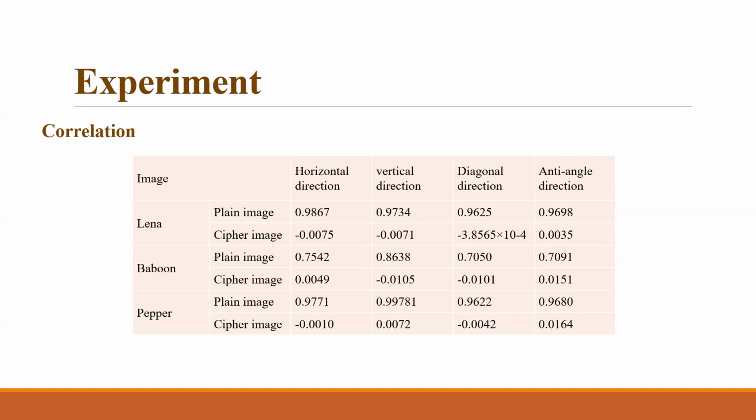The closer R is to 1, the higher the correlation between pixels. The experimental results show that the correlation of plain images is very high, but the correlation between adjacent pixels of the cipher image has been reduced to almost non-existent during the encryption process.